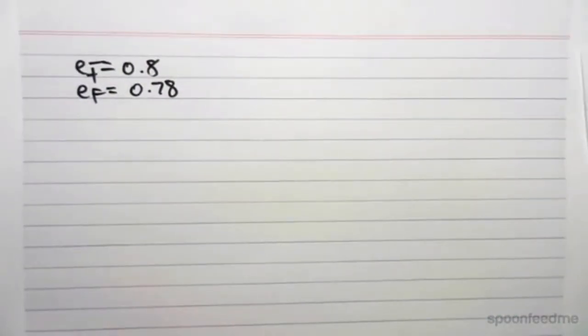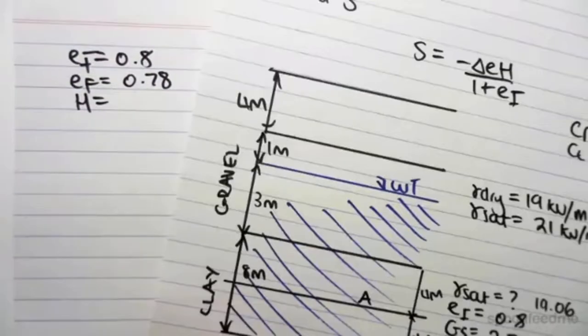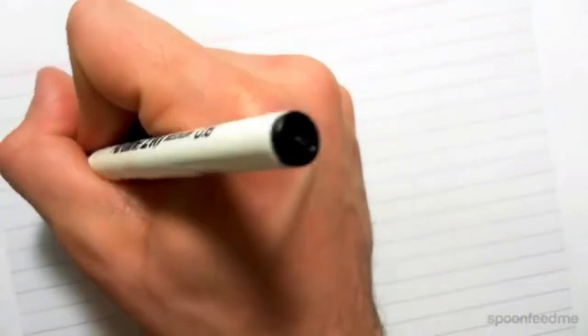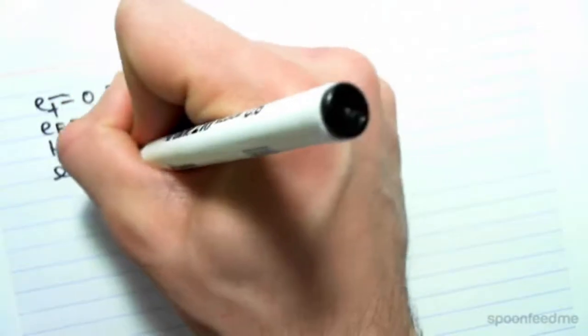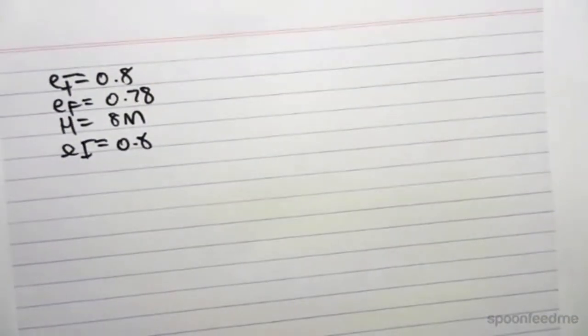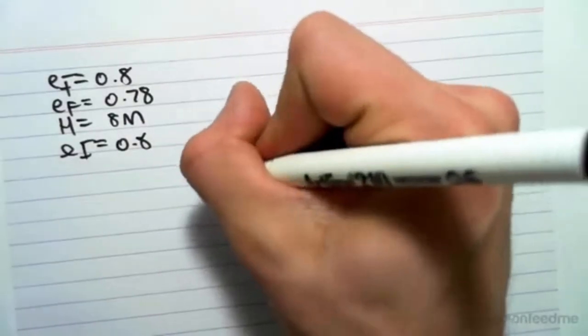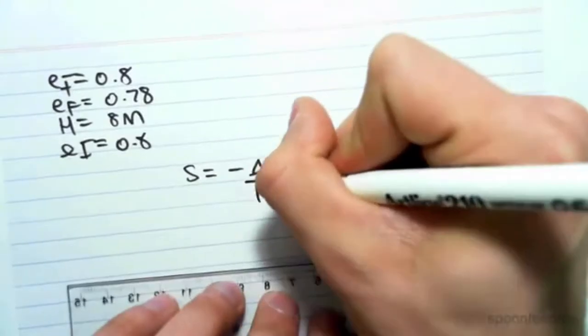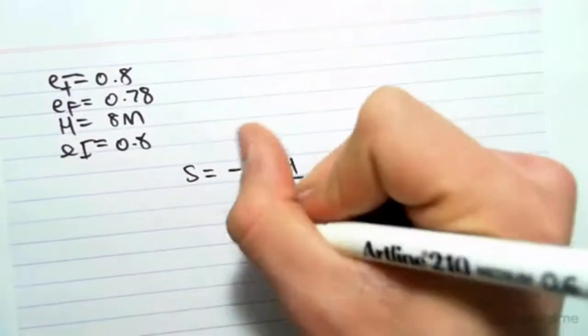We know that our layer thickness is 8 meters. We know that our initial void ratio is 0.8. I just repeated that. Okay, fine. So we can then go and find the settlement. We know the settlement is equal to minus the change in e times H over 1 plus the initial void ratio.